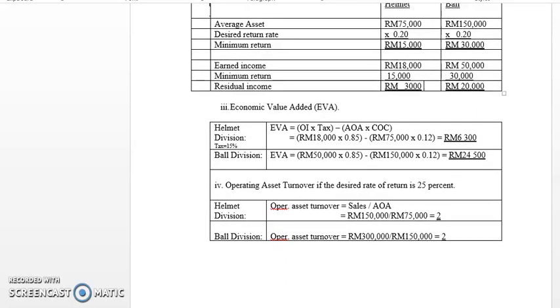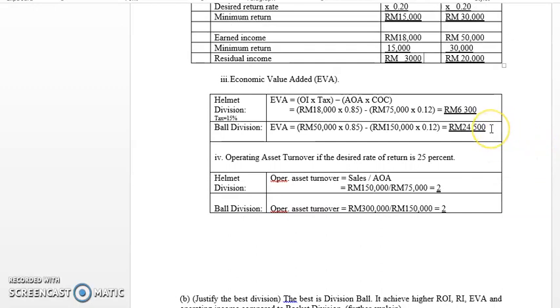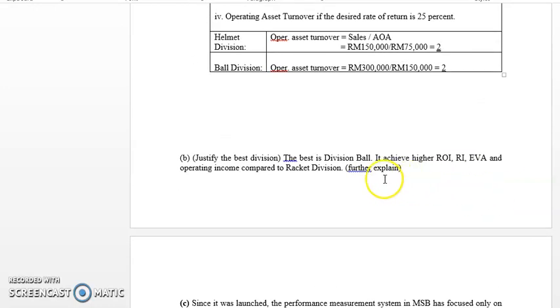With the economic value added, the ball division is higher than the helmet division. But for operating asset turnover, it is the same. So the ball division is the best division because they got higher ROI, RI, and EVA. For this question, you have to explain a little more.